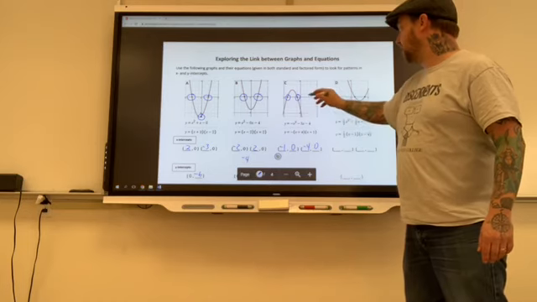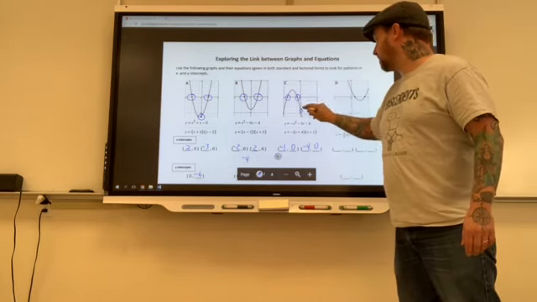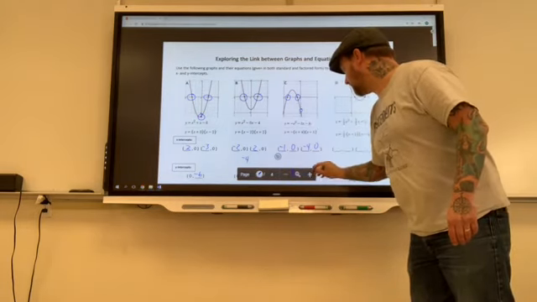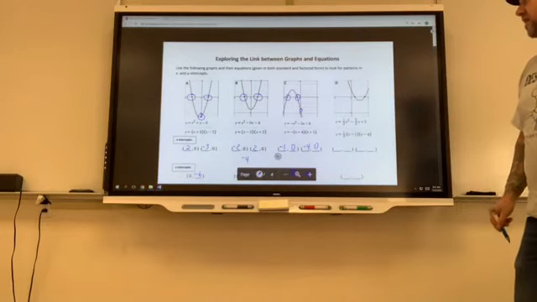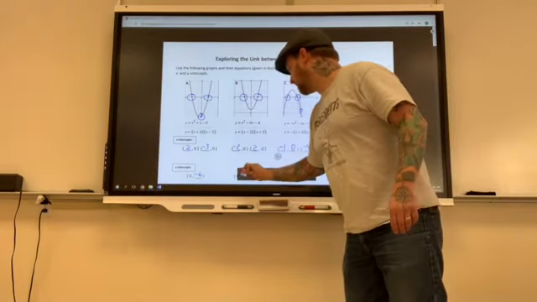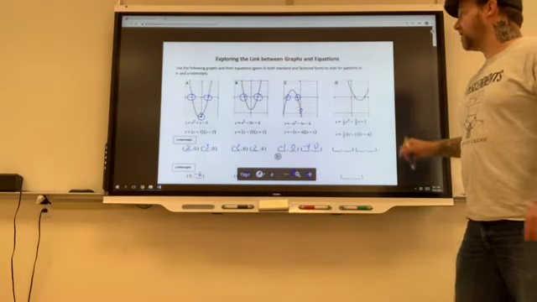All right, and the y-intercept is right here, 1, 2, 3, and negative 4. So 0, negative 4.